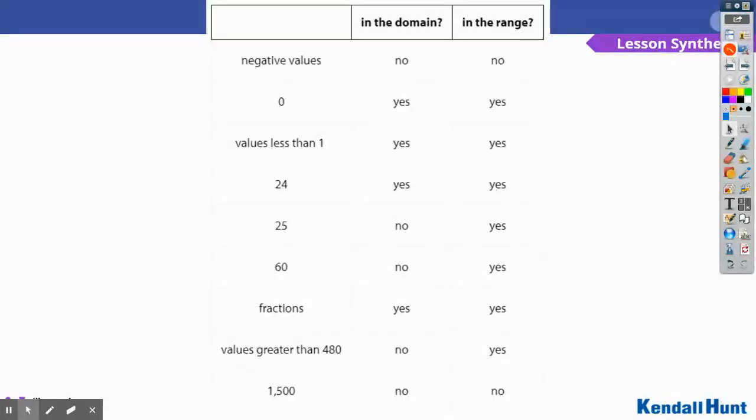Yes. Can you sleep 60 minutes in a 24-hour period? Yes. You can have fractions, values greater than 480. Well, yes, because there are more than 480 minutes in a 24-hour period. But there are not more than 1,500 minutes in a 24-hour period.